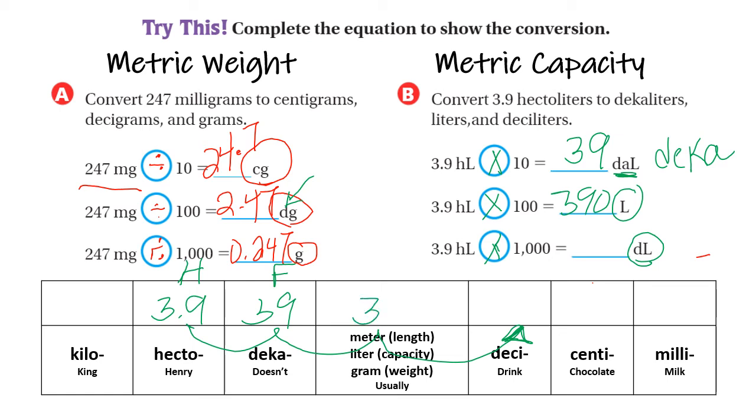Move it again, we get 390. Move it one more time, 3,900 deciliters. Okay, so to do this, you just find your starting point on the King Henry doesn't usually drink chocolate milk. Find your ending point and move in that direction.